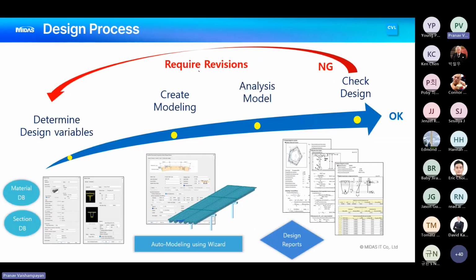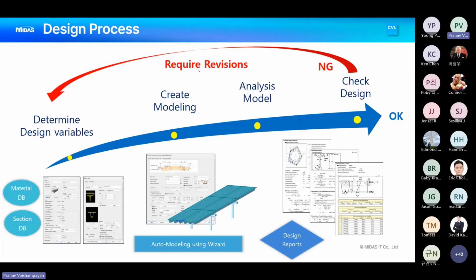Whenever we have any design, all the engineers must be aware of this process. We first assume some preliminary data, material data, section data. We have a geometry. This is a MIDAS suggested workflow. Assume some parameters, use the wizard, feed in the values to get our basic model ready, modify that model as per our project requirements, and finally conduct design checks using MIDAS.